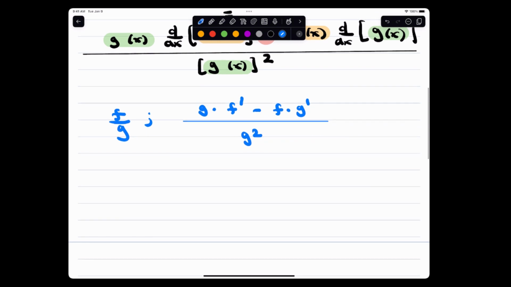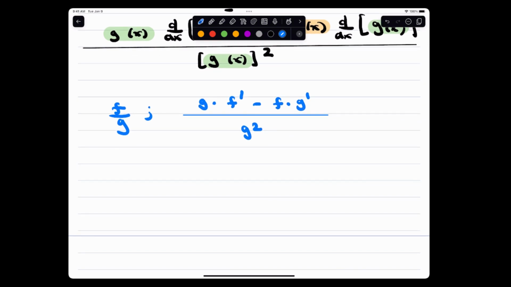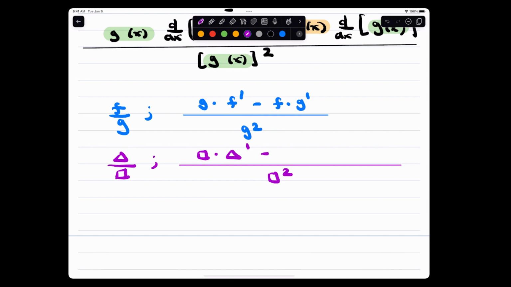And again, you might say, what about Mr. Escalante? I remember the day I came in and saw the quotient rule he had on the board. He liked to use shapes like triangle over square. And I remember he was actually a math teacher in Bolivia before he came to the U.S. So he was using this for quite some time.